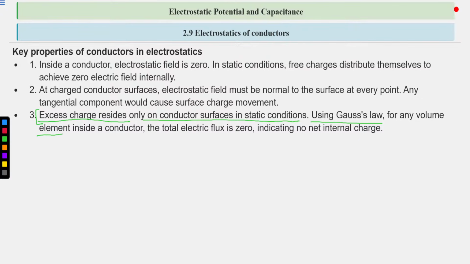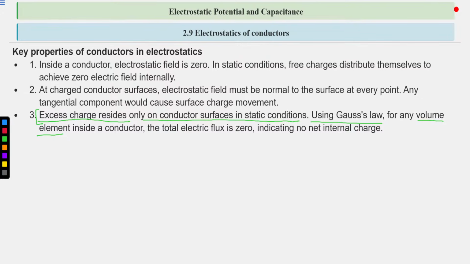So the electric flux through that small element will be zero, which means according to Gauss law there is no charge enclosed by that surface. That means there should not be any charge inside that enclosed surface of the volume element.